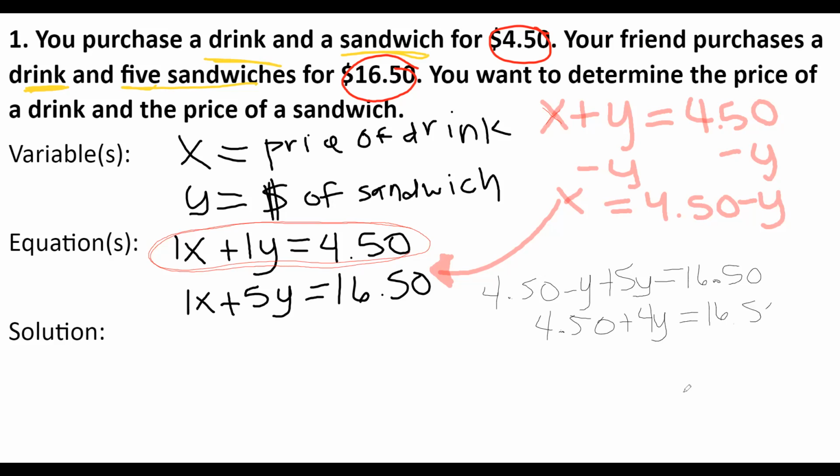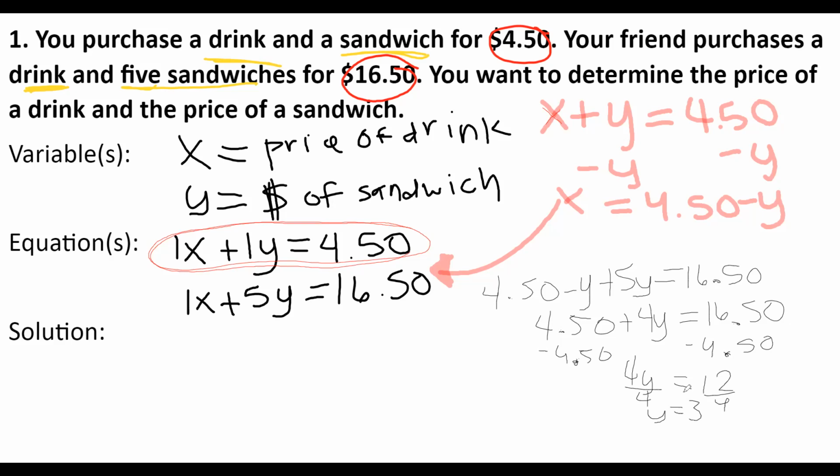We want that Y by itself, remember, so we subtract 4.50 from both sides. These are little decimals. So we get 4Y equals 12. We divide by 4 on both sides, and Y equals 3.